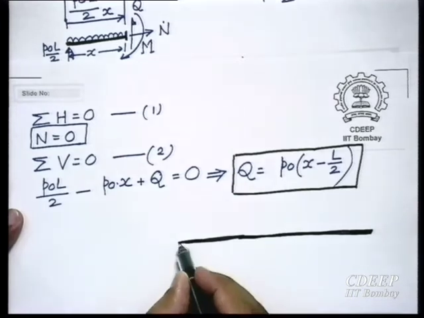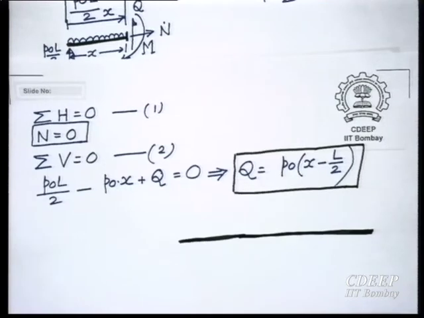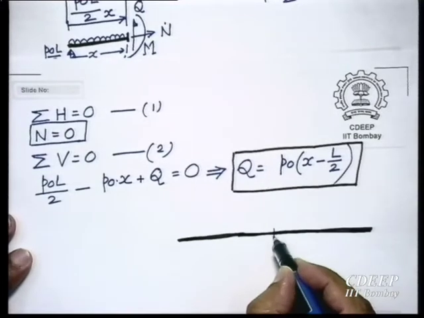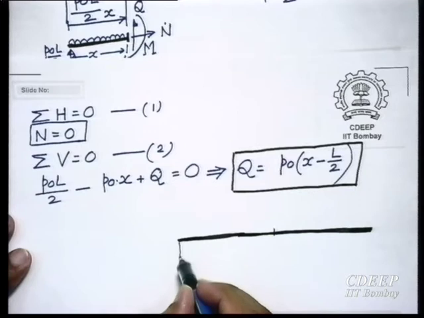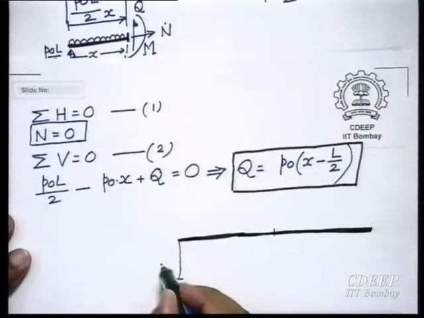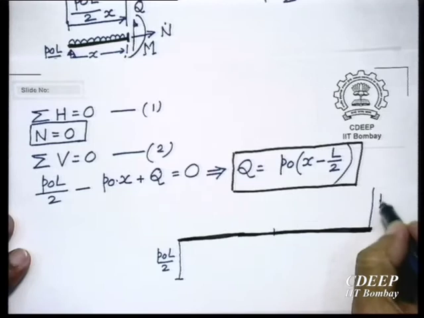So, when x equal to 0, it is minus P naught L by 2, then 0, and then it becomes plus P naught L by 2.